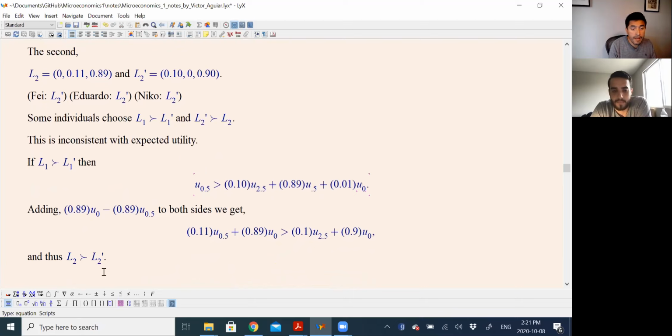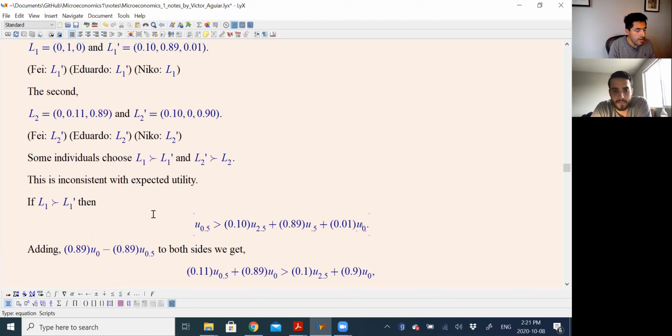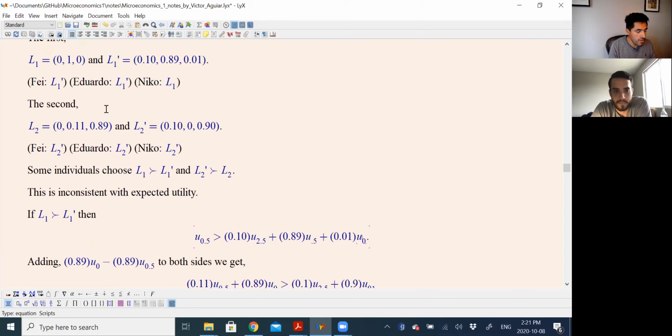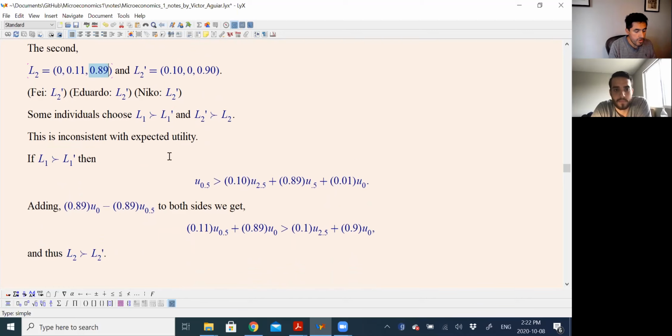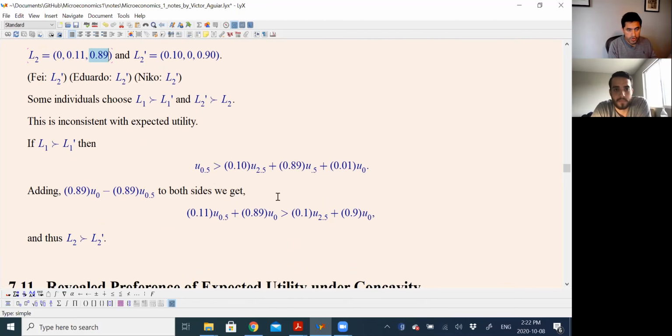Then I do just an algebraic operation: add and subtract from both sides of the inequality 0.89 u of 0 minus 0.89 u of 0.5. Notice why I'm doing this: I have this quantity for the 500,000 and also I have nothing here with 0.89. By doing so, I just rearrange terms and we get the following.